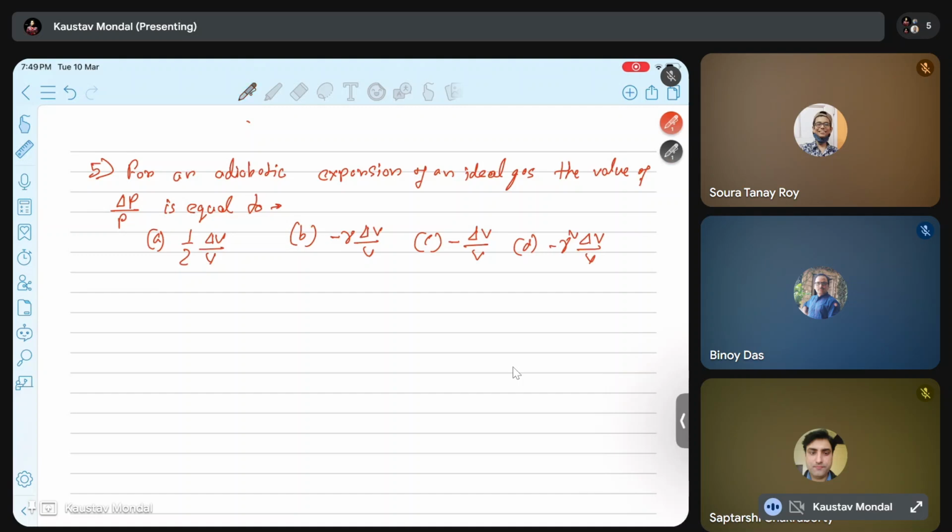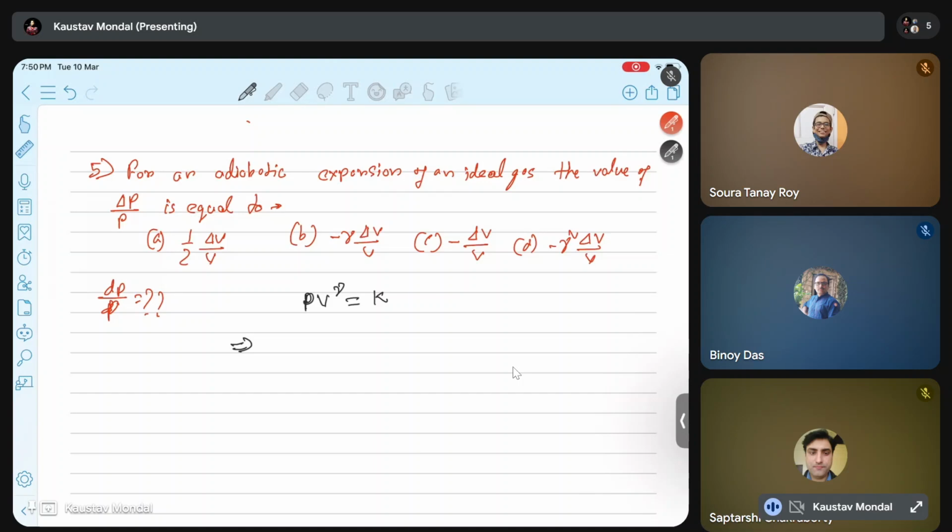Okay, so we have to calculate delta P by P, or in short, dP by P. For an adiabatic process, the PV relation holds in this form: PV to the power gamma equal to constant K. First we have to take the derivative on both sides.